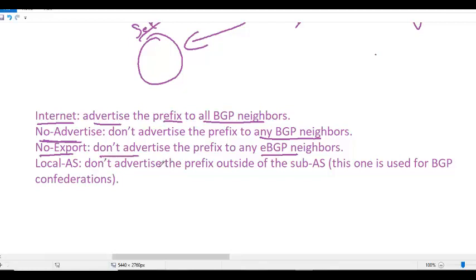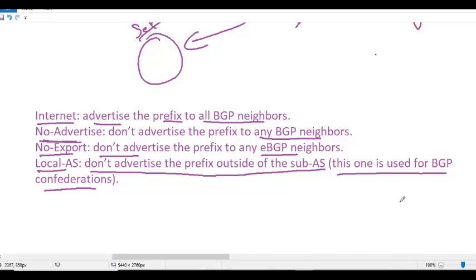If you want to distribute within the sub-autonomous system, not even to another sub-autonomous system, then you need local AS. This fourth one is needed only when you are using confederation. These four are known as well-known communities.